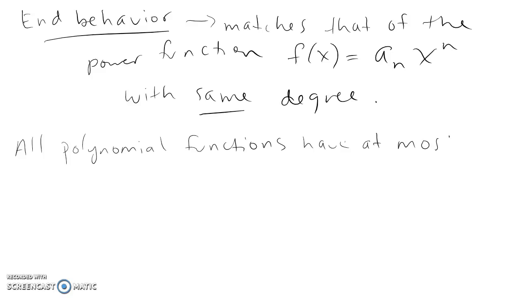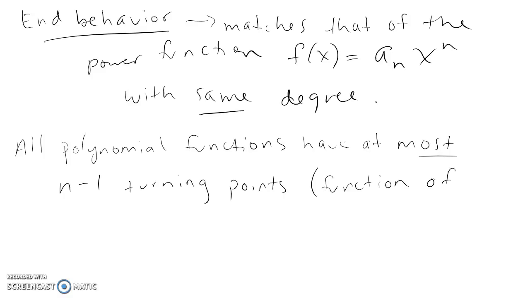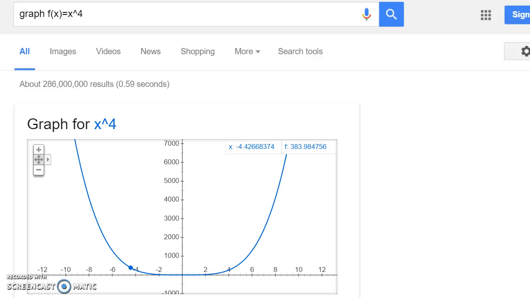That is, if your function is of the nth degree, it can have at most n minus 1 turning points. So it can have all the way up to, but not including, the degree turning points. All right, let's go back to these graphs, and I want to also start talking about zeros.